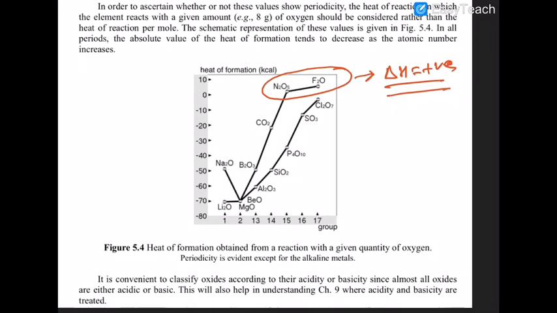In all other elements, the delta H value is negative. Delta H is called the heat of reaction at constant pressure, or called as what? Enthalpy. So you can see here that all of the values are given in kilocalorie per mole.